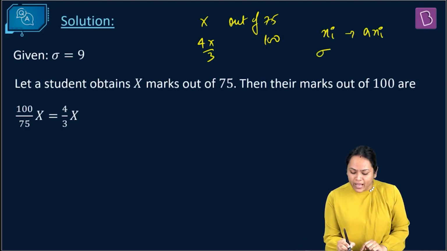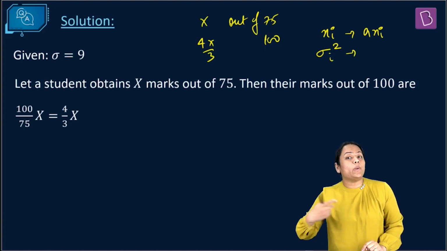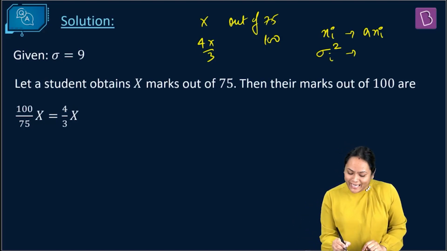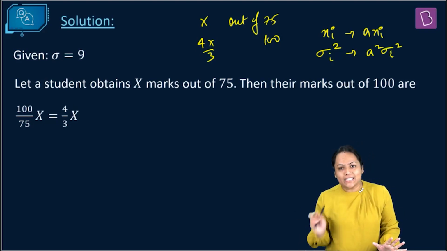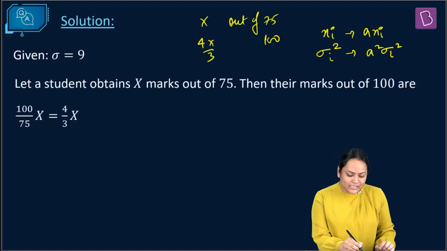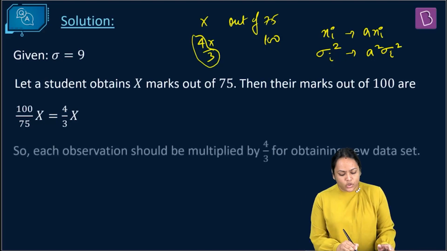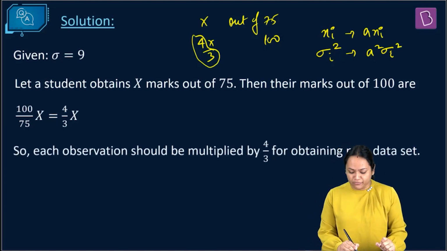And if my initial variance is sigma square, the new variance is nothing but a square times the initial variance. This property is what we have to use here. In this question, a is nothing but 4 by 3.